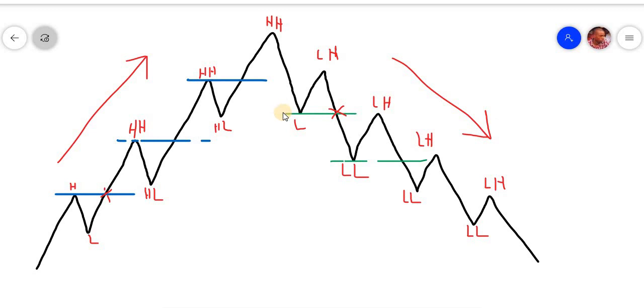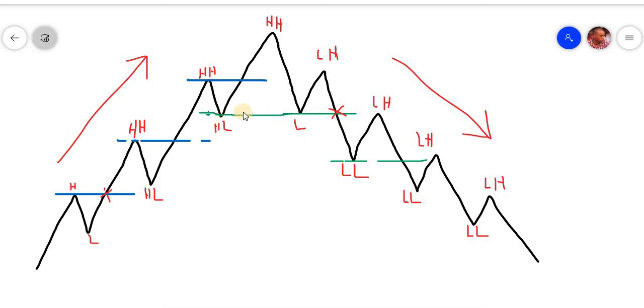Pardon my diagram. We can say potentially it is the same thing as this level.